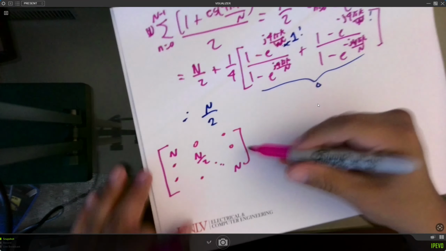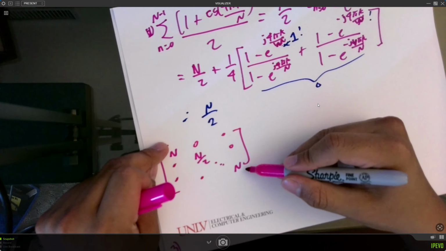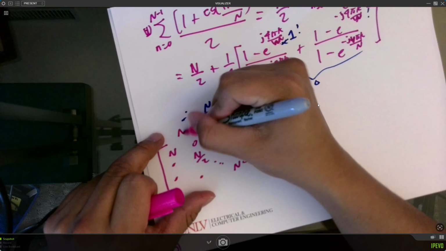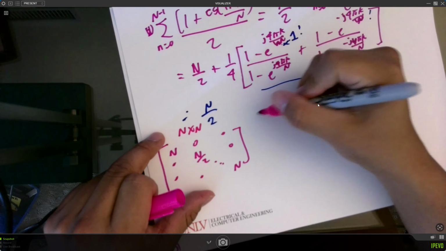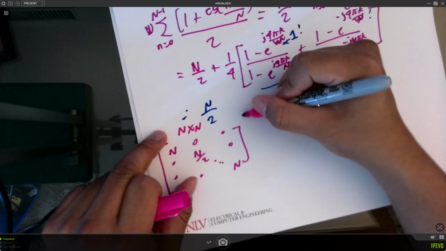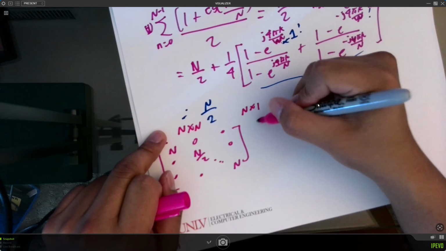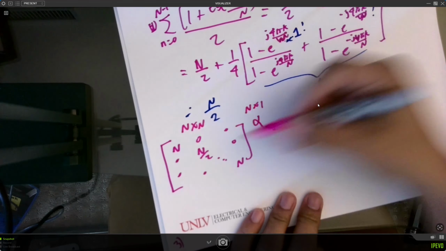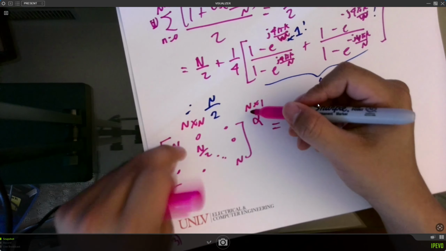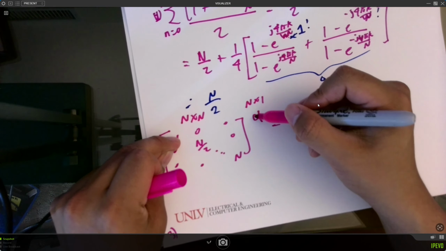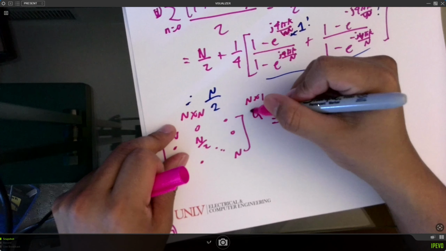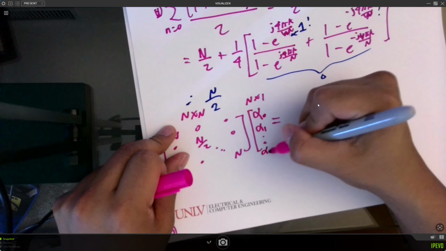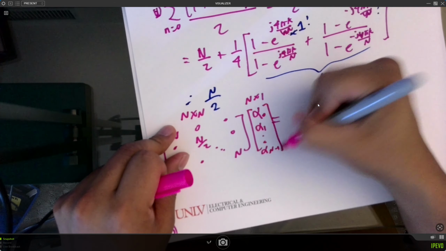Which means if you wanted to multiply this n by n square to some n times 1 signal, let's call it alpha, actually, let me do this, alpha 0, alpha 1, dot, dot, dot, alpha n minus 1.